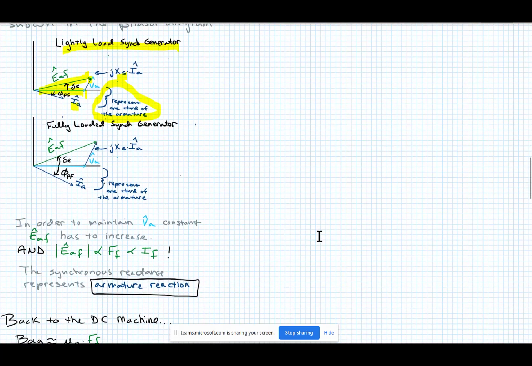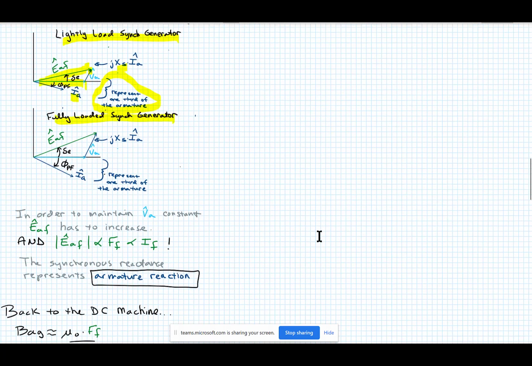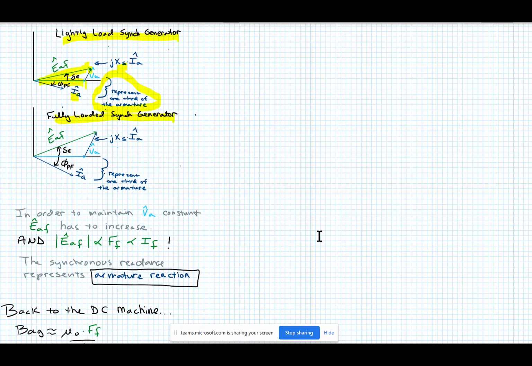If you fully load the synchronous generator, you're drawing more current, so this line gets bigger, and as a result, the EAF line gets bigger.